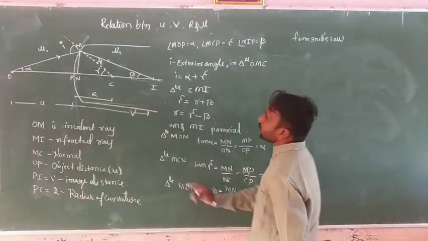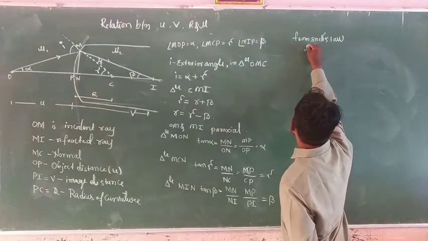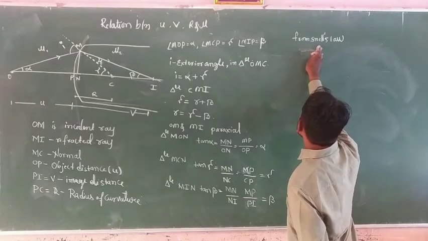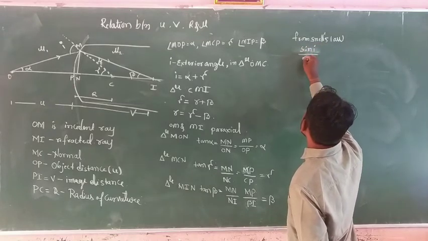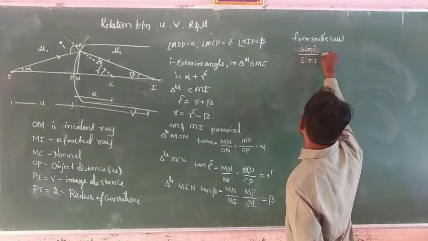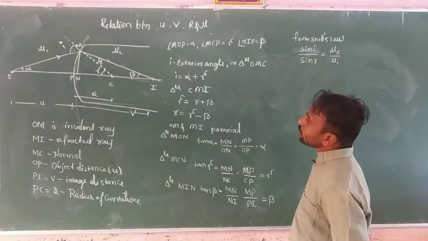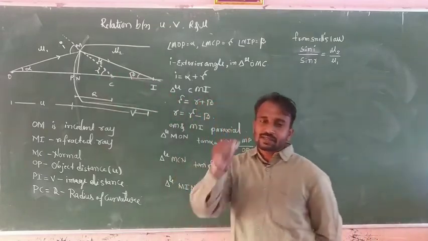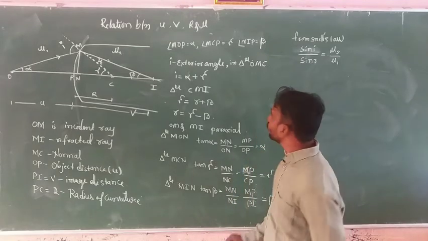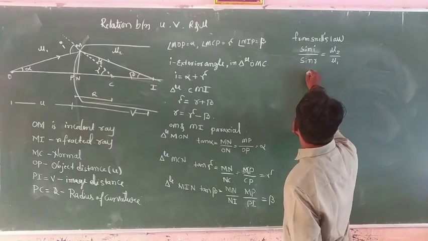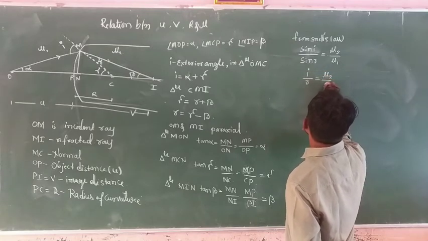Here we consider two media, one rarer and the other denser. So sine of angle of incidence by sine of angle of refraction is equal to the constant mu2 by mu1. For a paraxial ray, I and R are very small, so sin I is nearly equal to I and sin R is nearly equal to R. So I divided by R is equal to mu2 by mu1.